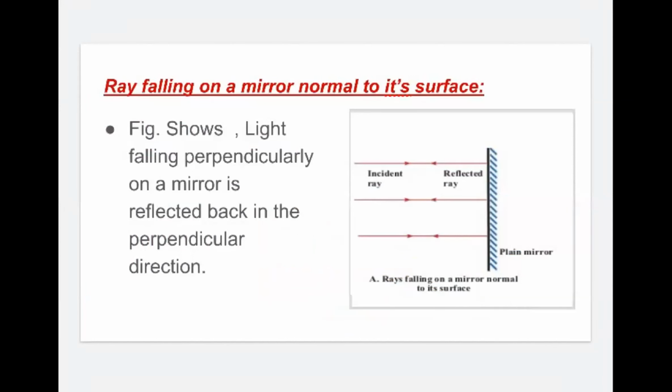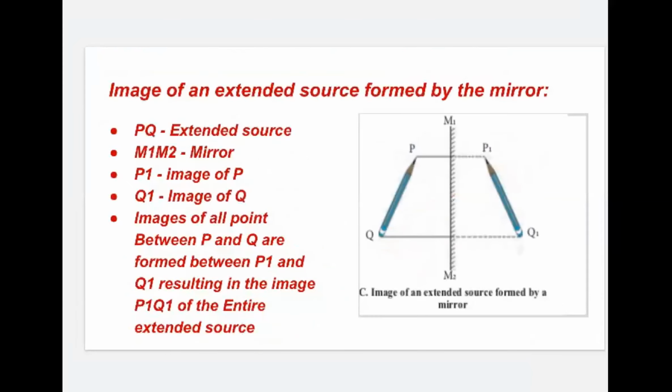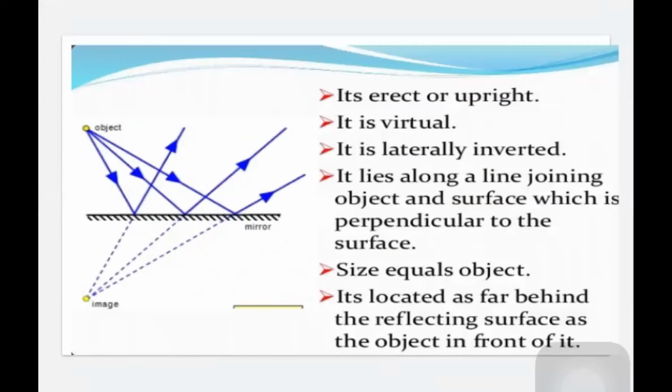Then we saw rays falling on a mirror normal to its surface, and how the image will be formed. We saw the image of a point source formed by a plane mirror, why and how the image is formed. Third, if the object is not a point source but an extended source, we saw in the slide how the image will be formed. We saw the nature of the image formed by a plane mirror.